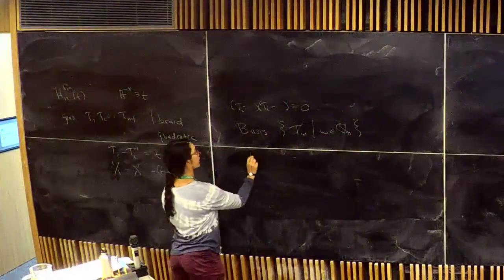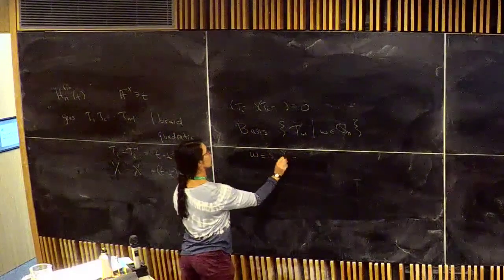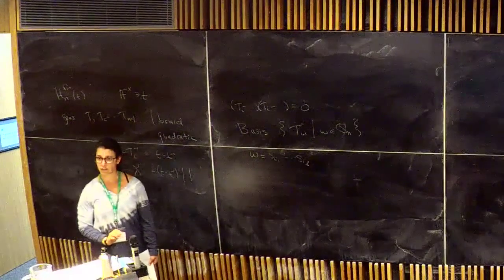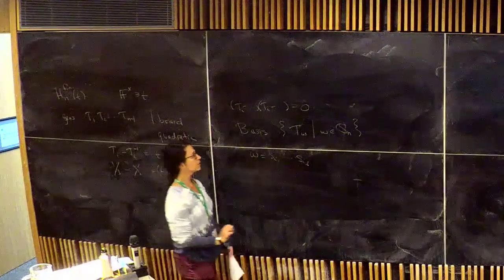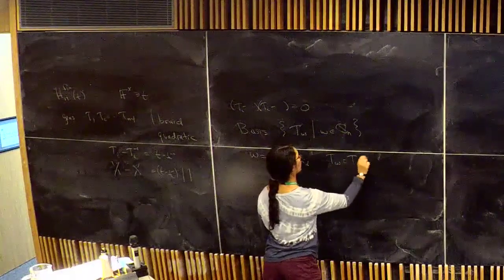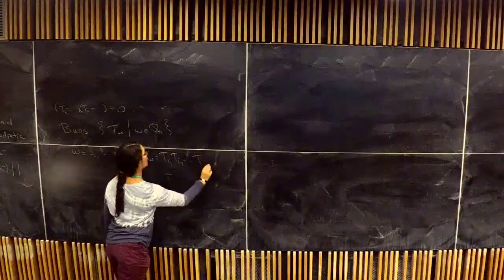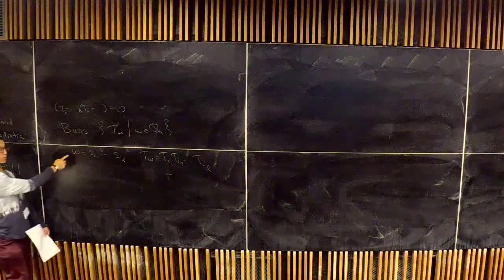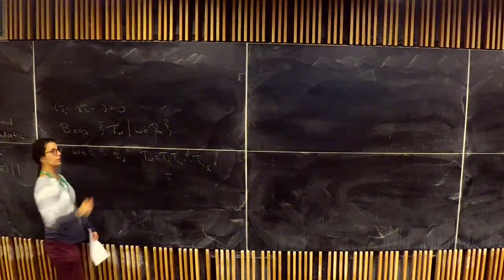It is defined by, if W is a reduced expression, meaning you write it in terms of the generators in a minimal way, then we set TW to be T sub i1, T sub i2, up to T sub il. That's well defined: any two reduced expressions for W give you the same TW because they satisfy the braid relations. That's how the symmetric group works.